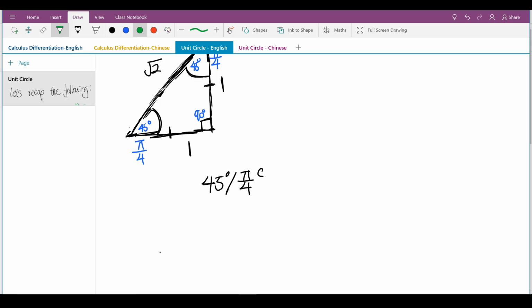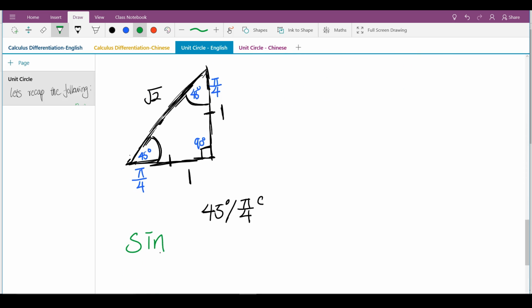If we're using sine, sine is opposite over hypotenuse. In this case, since both angles are 45, it doesn't matter which angle you use, and since both sides are 1, it doesn't matter which side.